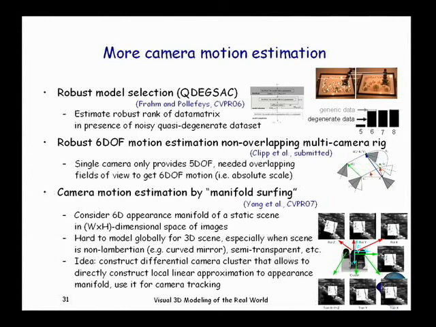One way we try to do that is, we call it manifold surfing. We consider the images of a scene, so we have a rigid scene, and moving a camera with 6 degrees of freedom of motion through that scene could, in general, if you go to every location, basically span a 6-dimensional manifold within all the possible images. If you have a camera that does 1,000 by 1,000 images, then you have a million pixels.